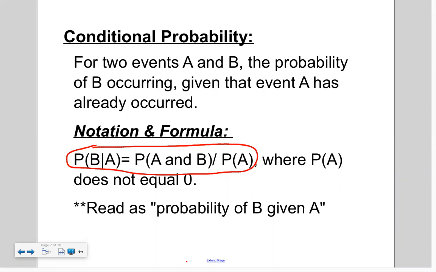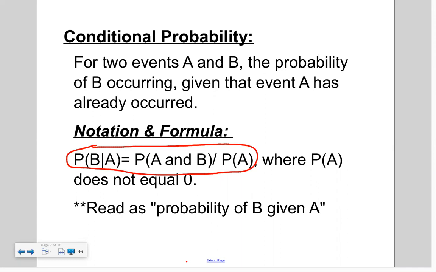The way that we'll do that is we need to find the probability of A and B both happening, and we divide it by the probability of A happening. This is the formula we're going to use. Now it says where the probability of A does not equal 0.